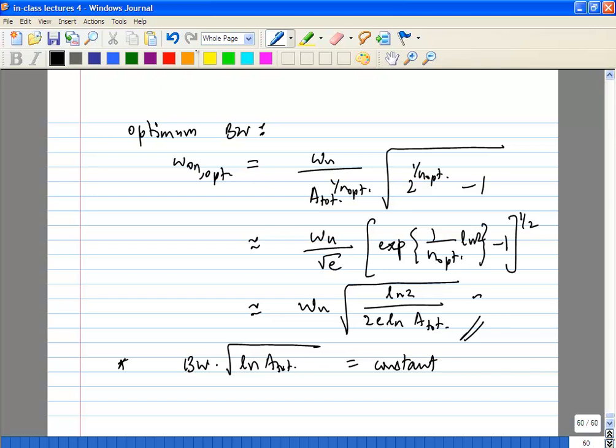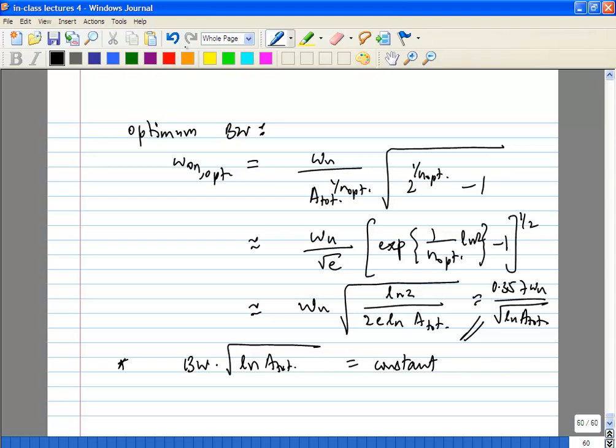Actually you can write it as, I think, 0.357 omega u. This shouldn't surprise you, because your gain bandwidth product is constant always for a single pole amplifier whenever you have a dominant pole. This is actually a multi-pole system once you start cascading, so your gain bandwidth product no longer has to hold.